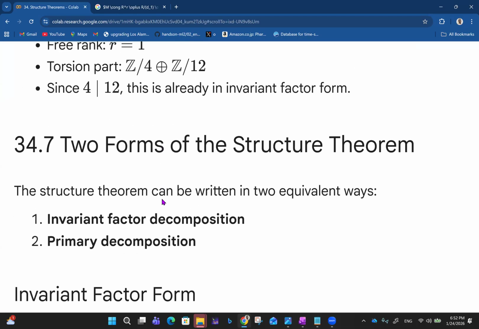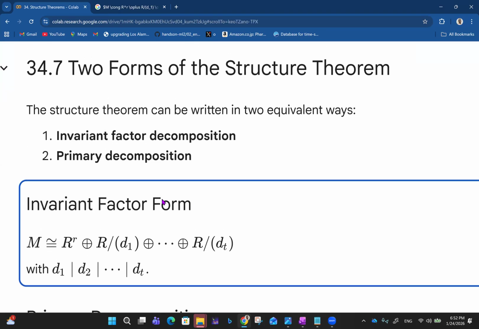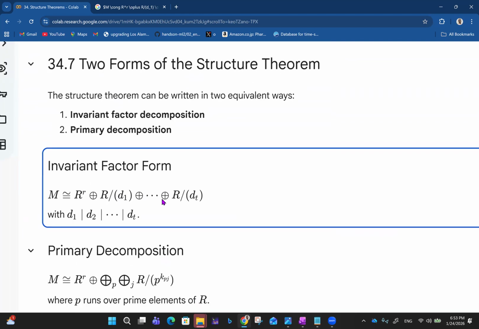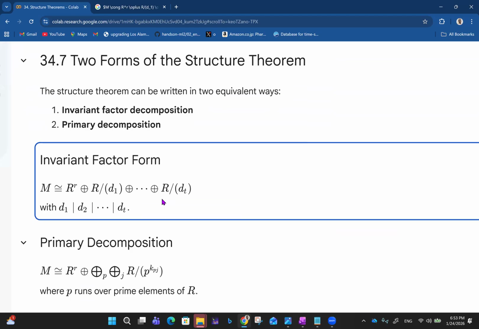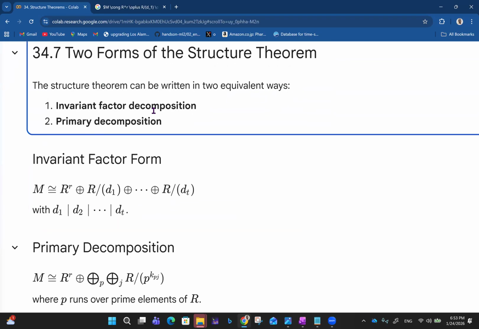Okay, so then we have two forms of the structure theorem: the invariant factor decomposition and the primary decomposition. The structure theorem can be written in two equivalent ways. For the invariant factor form, M is isomorphic to the free part R^r ⊕ R/(d1) all the way to R/(dt), where d1 divides d2 and all the way down to dt.